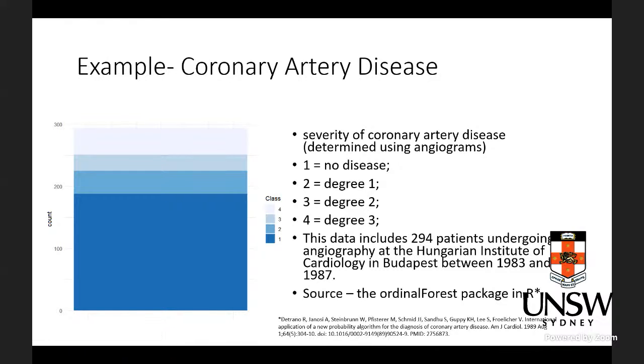angiography in Hungary. I got it from the Ordinal Forest package in R, but the original publication is attached to the slide. It's from the American Journal of Cardiology. So you can see that in this data set that we're going to use a lot, so I'll just take a bit of time to go through it.